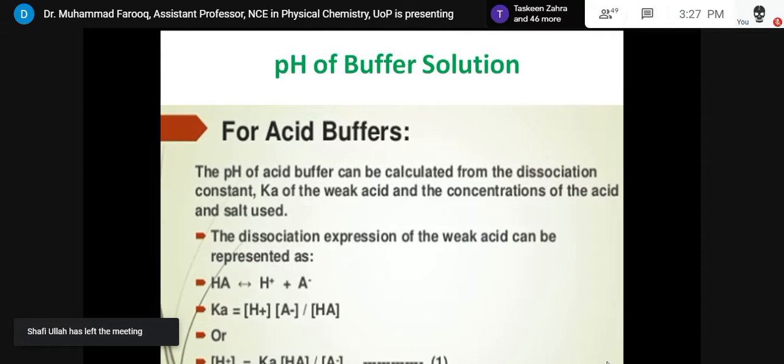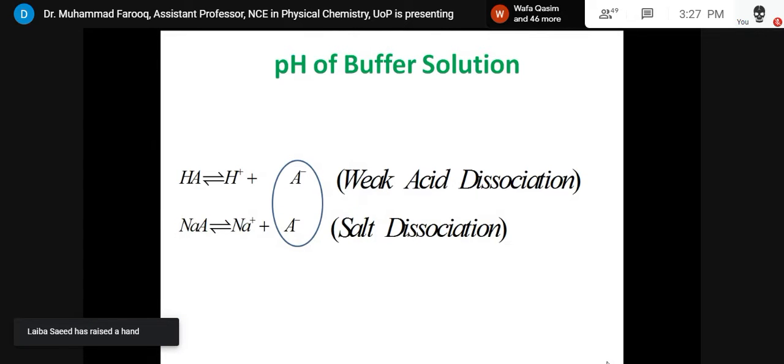The A negative that comes from HA is very little, and the major contribution is from the salt, for example NaCl. So the concentration of A negative is almost equal to the concentration of the salt. Is this clear?